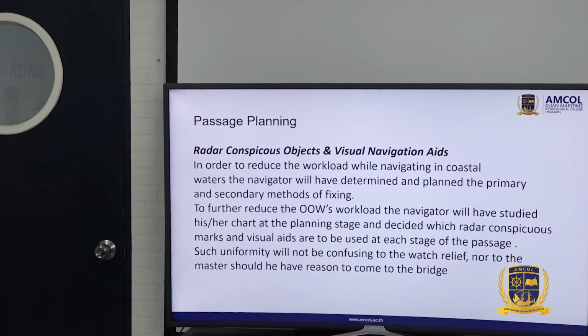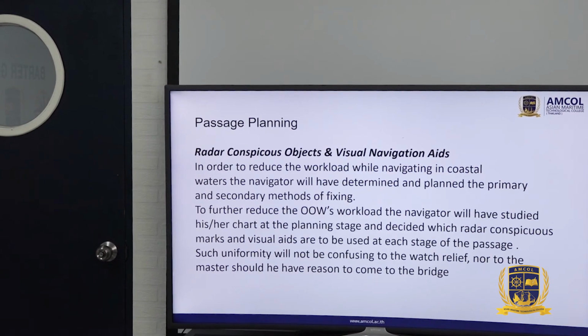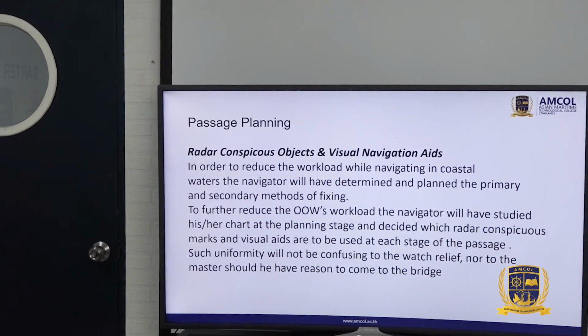And visual navigation aids, which means that we need to identify those key objects on the coast which are easily identifiable on the radar screen. You need to mark them. You need to plan your position fixing according to that, and this will help to reduce your workload.